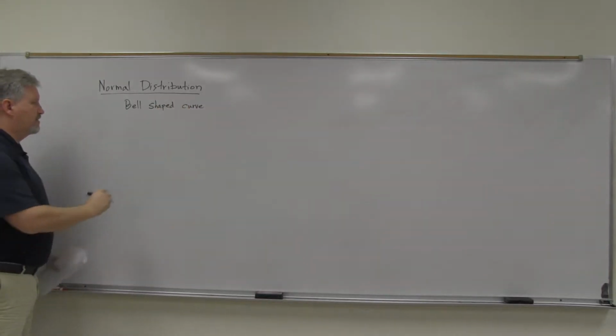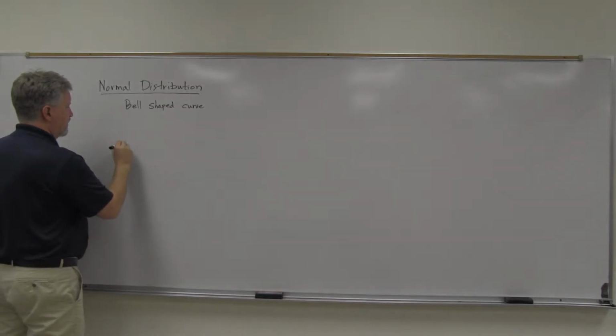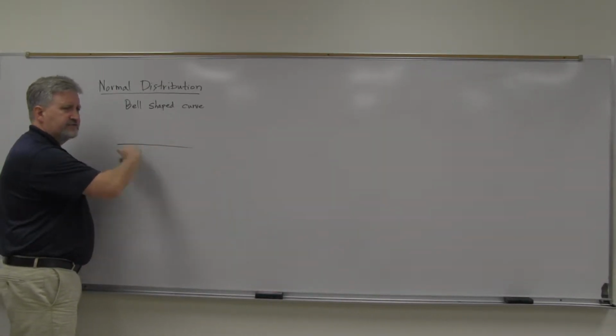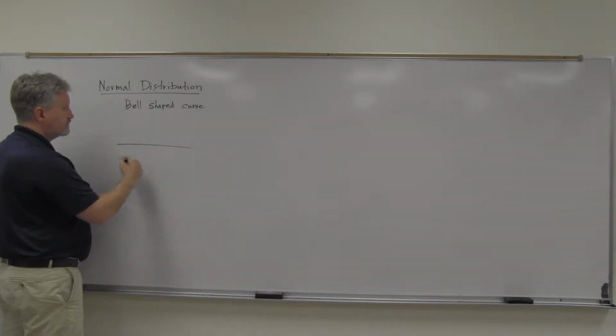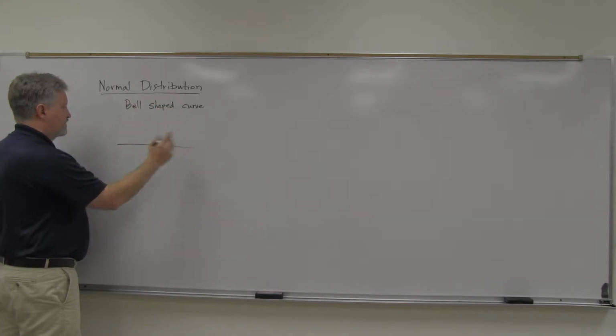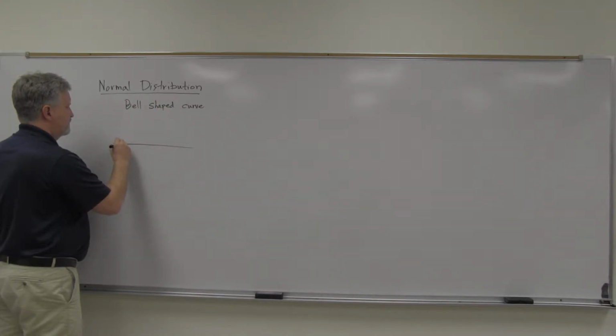And when I say the graph, what I mean is what you're graphing is the values and then their frequencies. We didn't graph those frequency distributions, but that's kind of what we're talking about here.